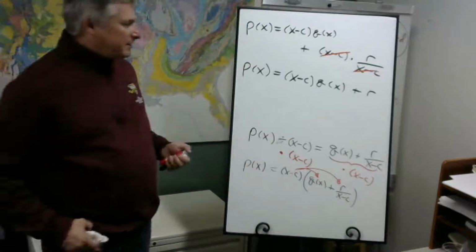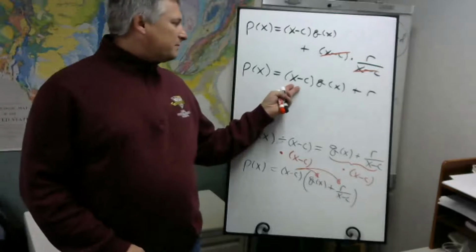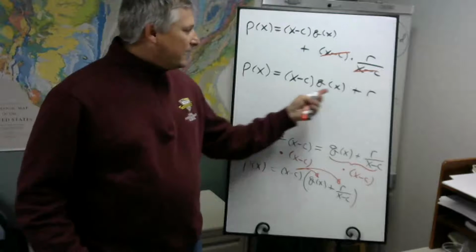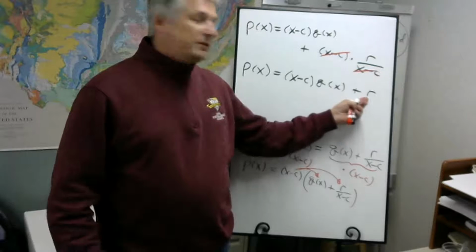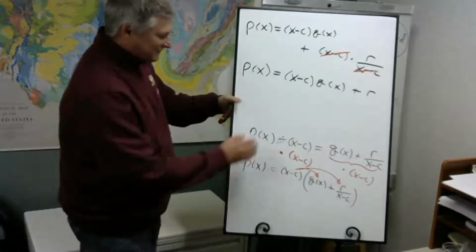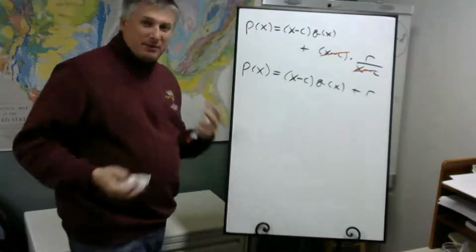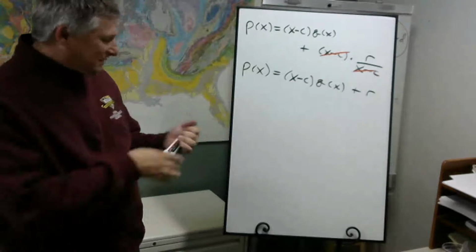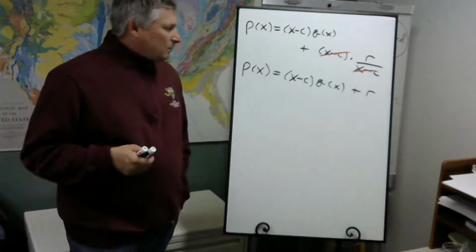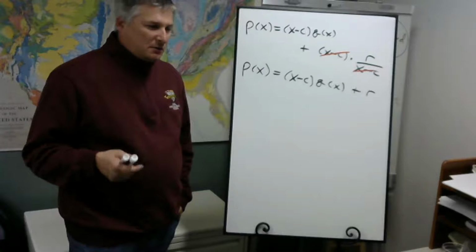So all right, we can write p of x in terms of what we divided it by and the answer that we got, including the remainder. So it's a way of sort of breaking p of x down. So what the factor theorem notes is this.